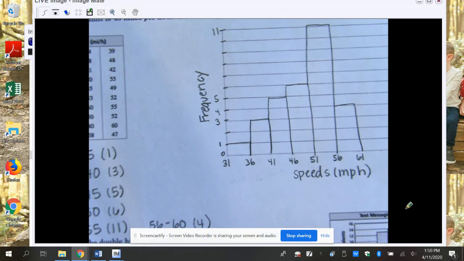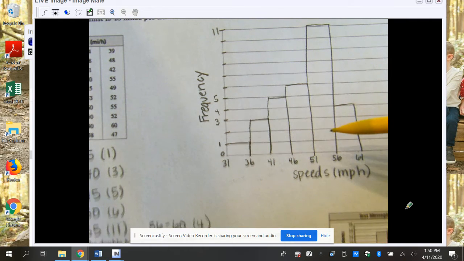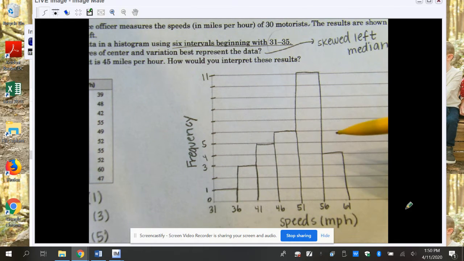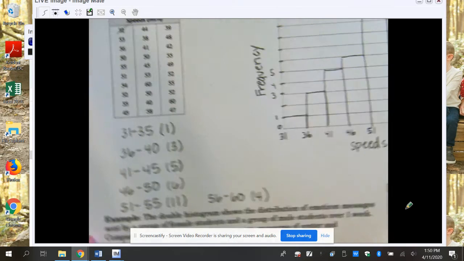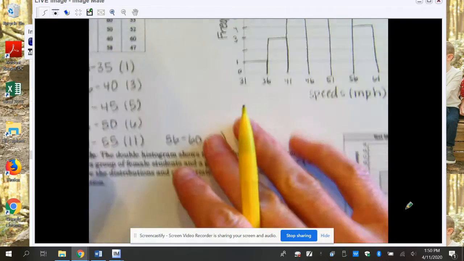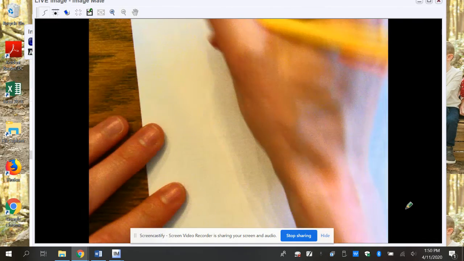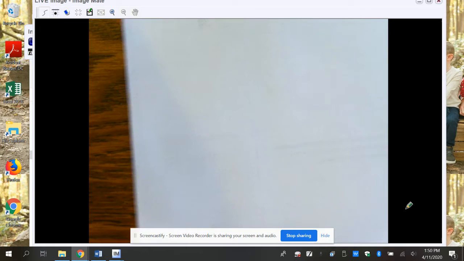Now, one of the things too I want to practice is identifying which interval. So if I ask you what interval would the median value be in? Okay. So I've got 30 values right here. The last thing I want to do is list out 30 values from least to greatest. So we need to be able to understand kind of like conceptually where that median would be. So if I just kind of can picture in my head, all right, I've got between 1 and 30 values right here.